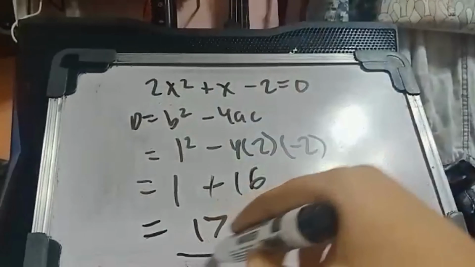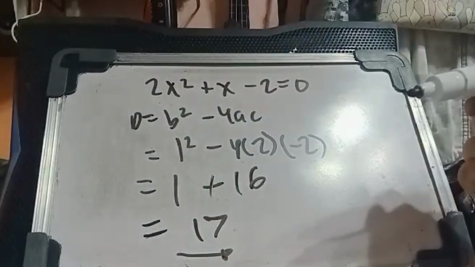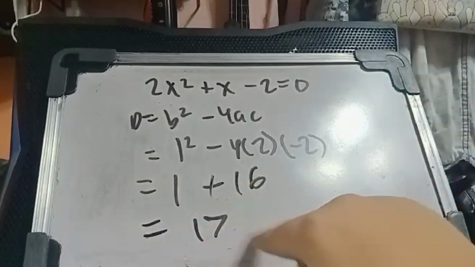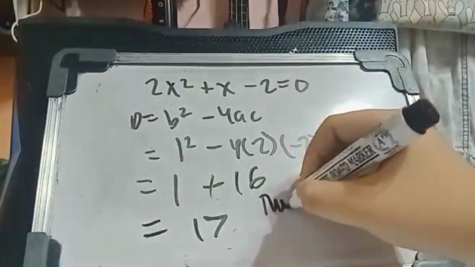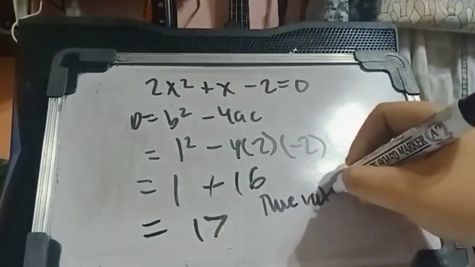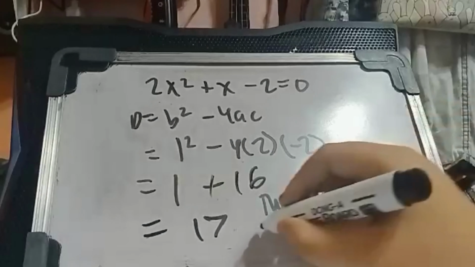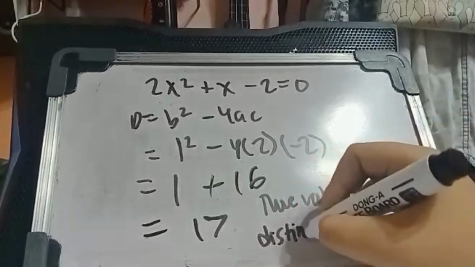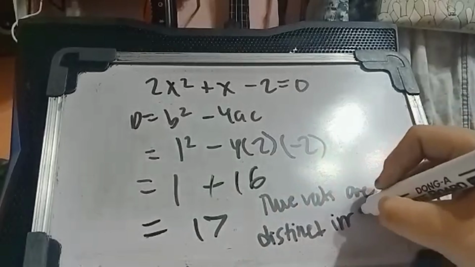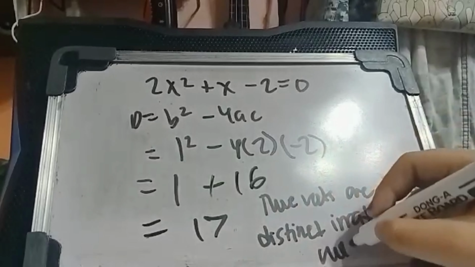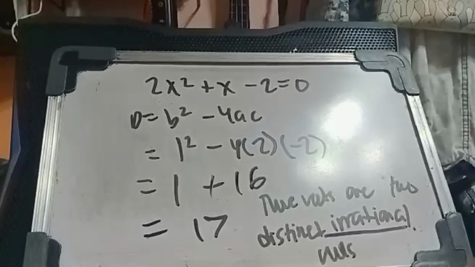Pero, mas mataas siya sa 0. But, is it a perfect square? No. So, the roots are two distinct irrational roots. Kasi it's not a perfect square. Yun.